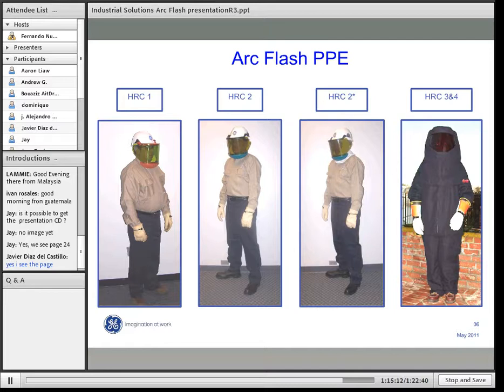So the first 3 are wearing just one layer of clothing and a face shield and a hard hat. And for the higher levels, over what you wear in 1 and 2, you have to wear the flash suit.